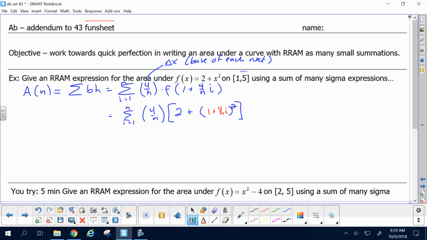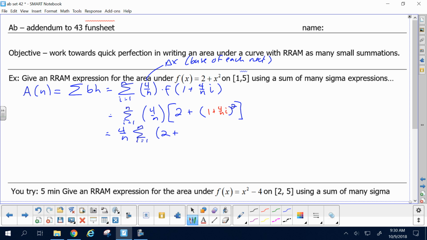The part that I did not communicate well yesterday, and I apologize for that, is how to break it well into pieces. So let's go over that. All right. The 4 over n, first and foremost, it's like a constant. The minute you said n is this, it behaves like a constant. So because it's a constant, it can be moved out front. It is not part of the counter. i is. Now I'm going to go pretty slow in my algebra.